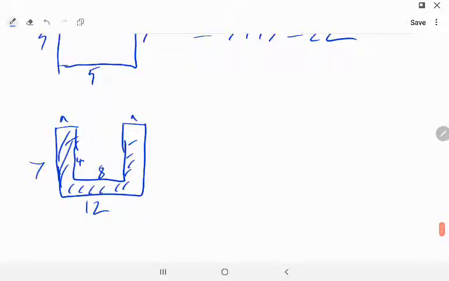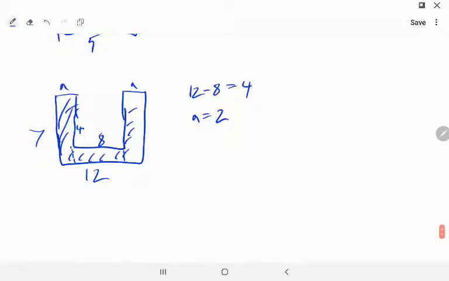But with the inside width of 8 and the outside width of 12, 12 minus 8 is 4, and that remaining 4 units has to get split up between the other two, and so we know the A's have to be 2's. And so now, to get the perimeter, we're looking at 7 plus 12 plus 7.